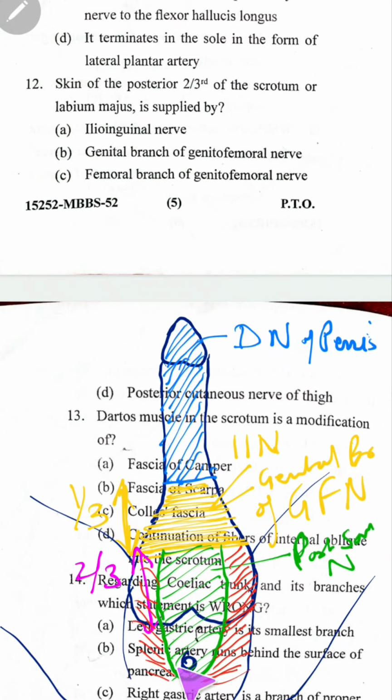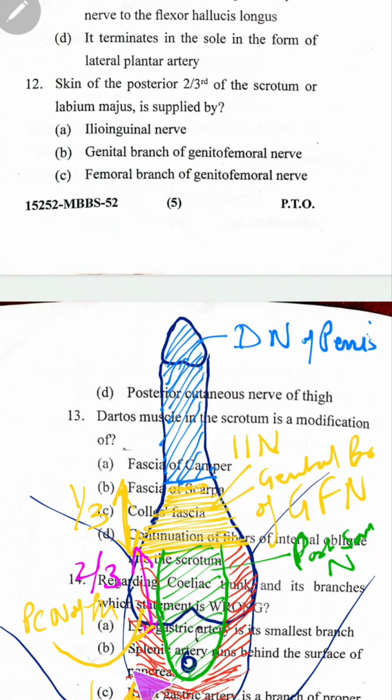Okay, so the lateral portion of the posterior two-third of the scrotum, along this portion, if you talk about the gluteal region, what is natis? I believe you know what is natis. Natis, if you see the buttocks or the gluteal region, the lower inner quadrant is called natis, right? And natis is supplied by two nerves. One is the perforating cutaneous nerve, and the other is the posterior cutaneous nerve of thigh.